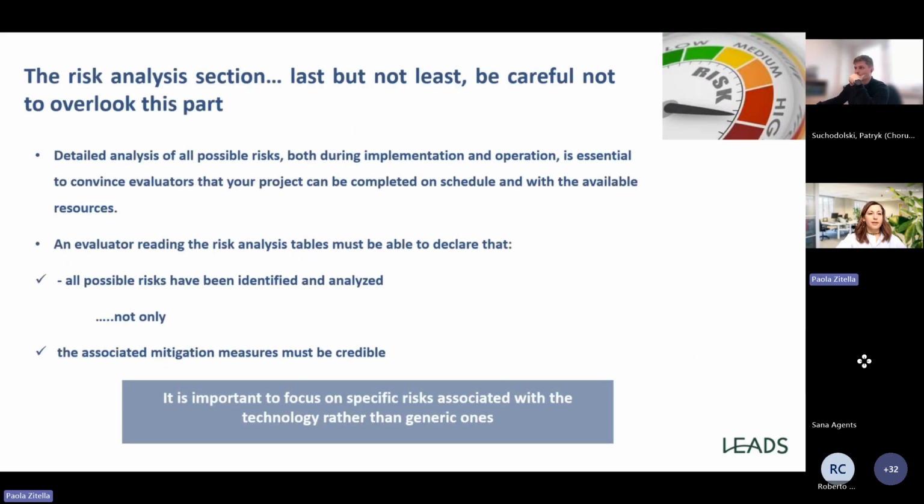Now, the risk analysis section is something that must be carefully overlooked, because sometimes this section is a little bit underestimated, but it is essential. Risk is by definition something unexpected. Simply stating, for example, that a good design is a mitigation measure is not enough. Mitigation measures must be specific, credible and feasible.